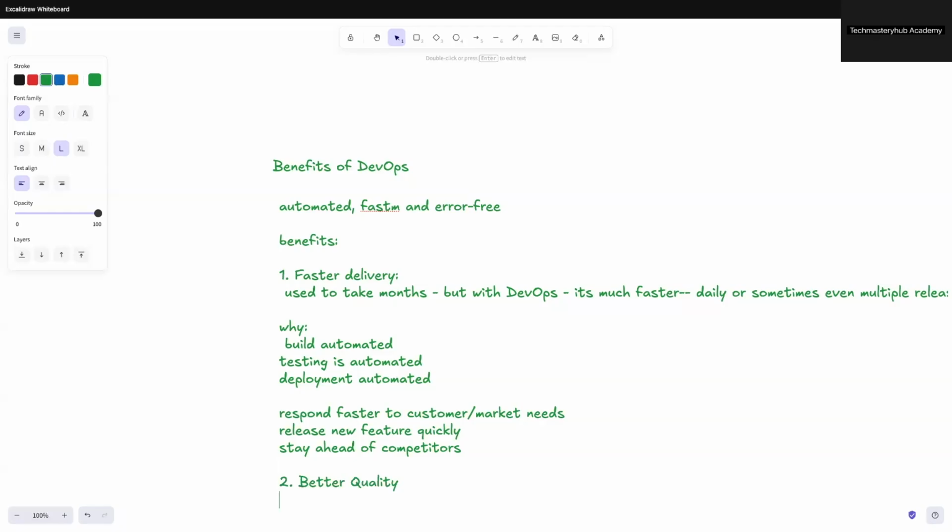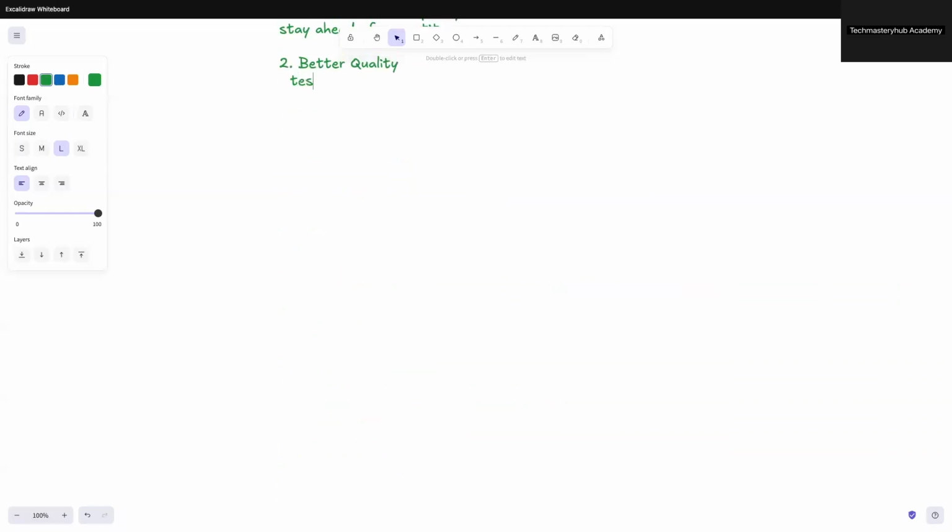Because in DevOps, testing happens continuously. Automated tests run at every stage, during build, before deployment.